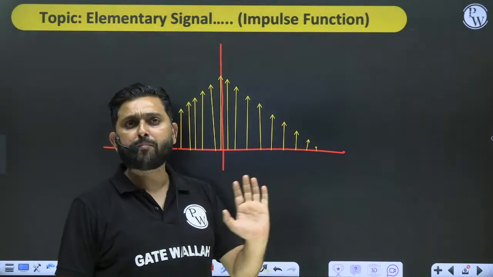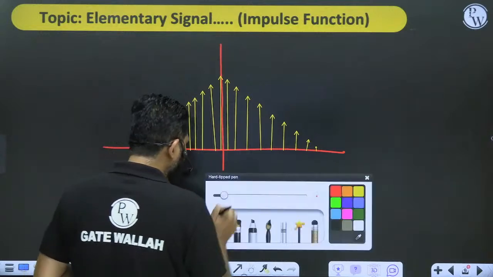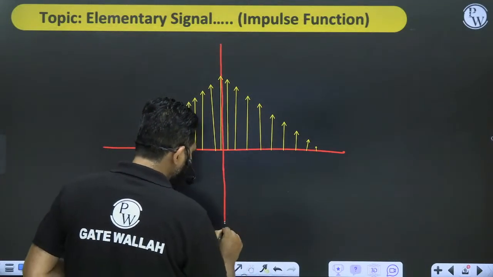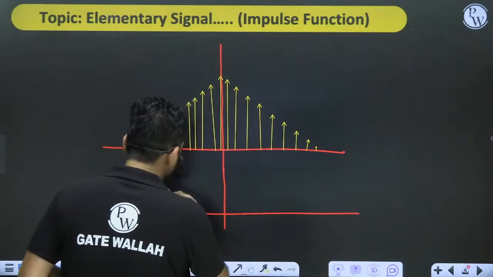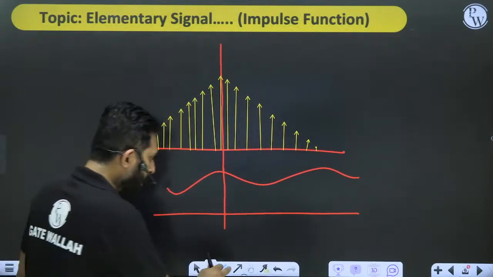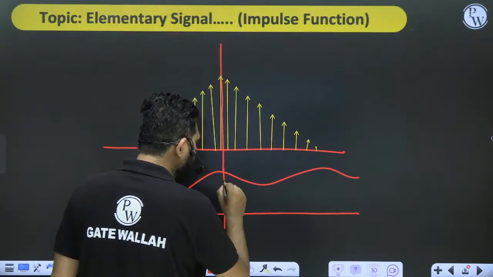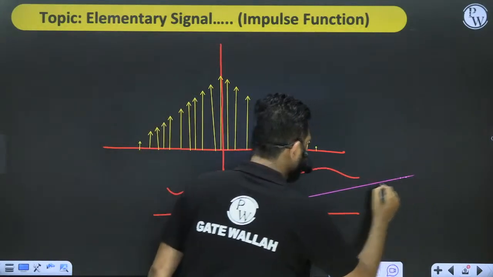But you cannot make a certain function by a step function. What I'm saying is, suppose I decided to write this function in terms of step functions.